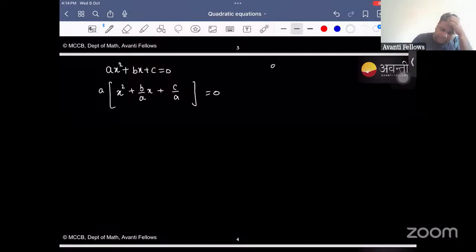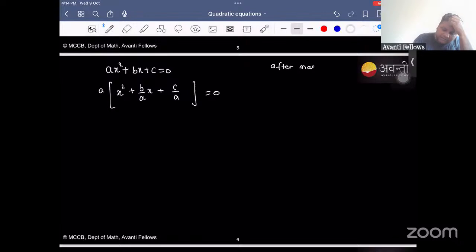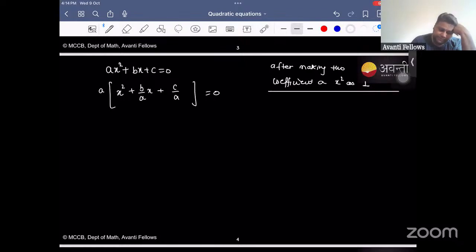Got it? So what did I do? I made the coefficient of x square 1.